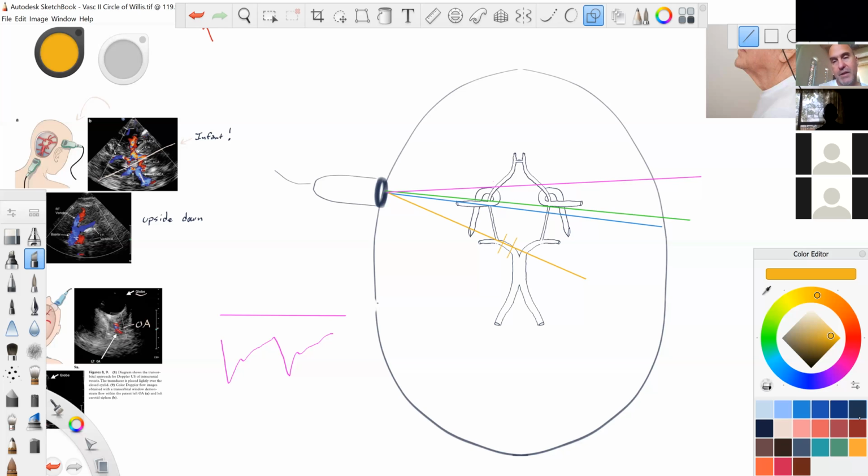If you got PCA2, and I'm just going to bring it down this direction, that flow kind of backs up, and so PCA P2, the second part of that artery, is most likely to be going away from you.